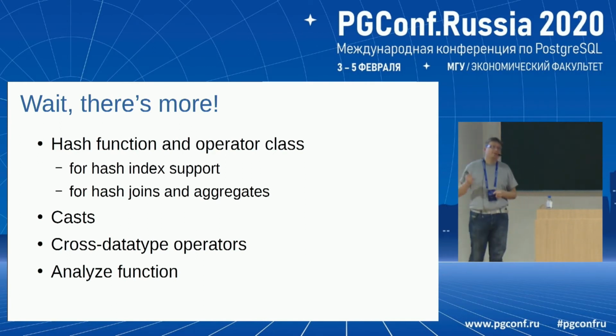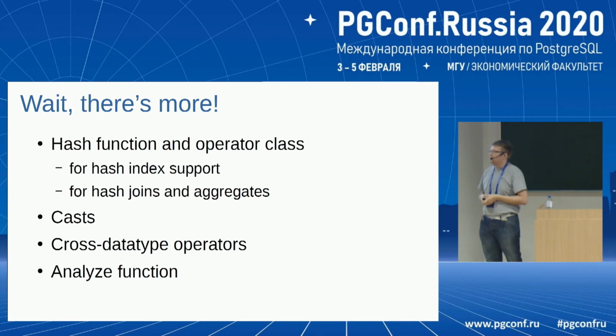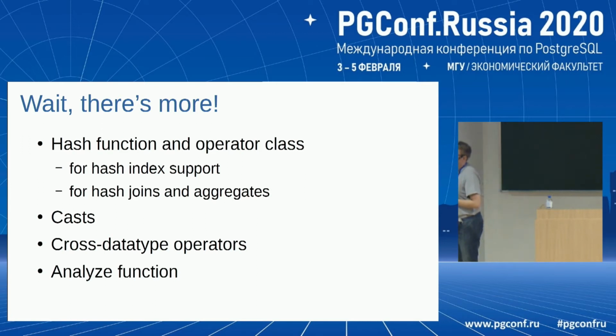What you get by default is the list of most common values, which is already very useful. And if you define the B3 operator class, then Postgres by default will collect a histogram of ranges of values and how many of these values are there, which is usually pretty good. But for special purposes, you might want to overwrite that.